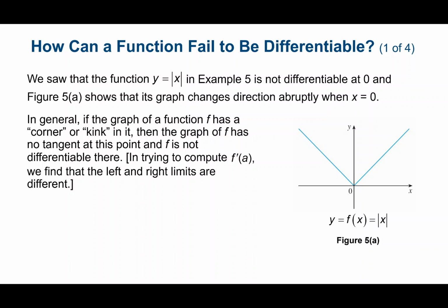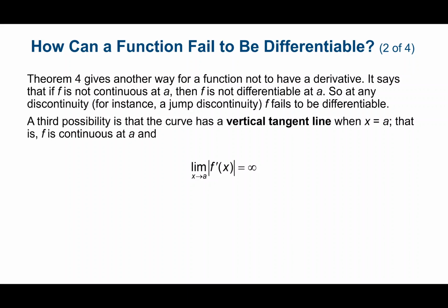It's not differentiable at the corner, and it's differentiable everywhere else. Everywhere else is just a straight line. So that's one thing. Another thing that could cause a problem is if we have a vertical tangent line. If we have a vertical tangent line, then the slope of our tangent line is approaching infinity.